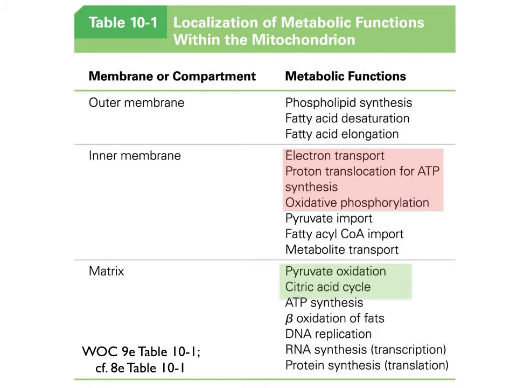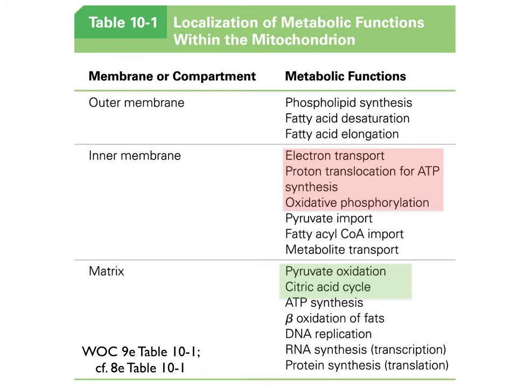Remember that mitochondria have an inner and an outer membrane, and there's a space between those, and then the interior of the mitochondrion is the matrix. Well, some key reactions that occur in the matrix are, that's where pyruvate gets oxidized, and that's where the citric acid cycle reactions occur. So those are in the interior, the matrix of the mitochondrion.